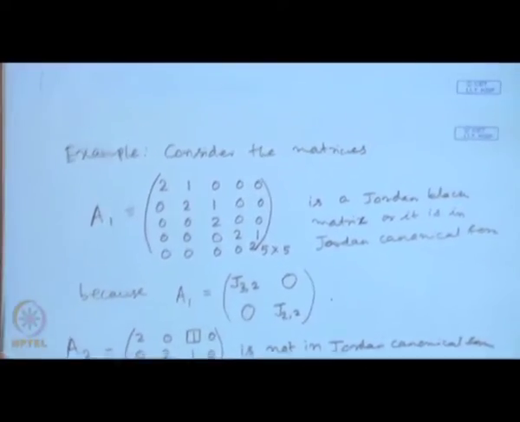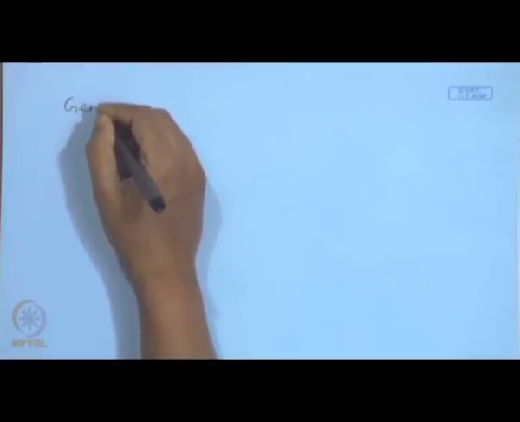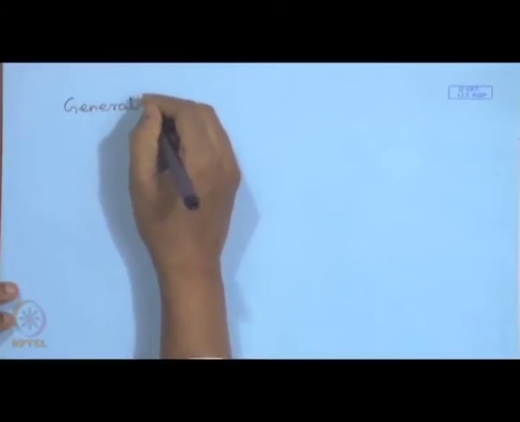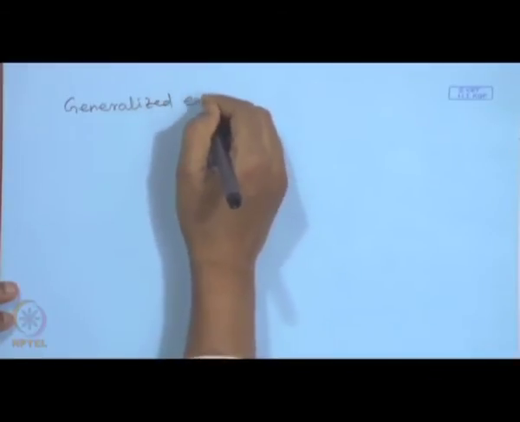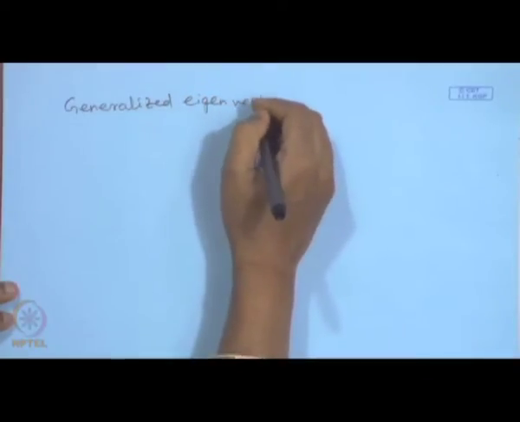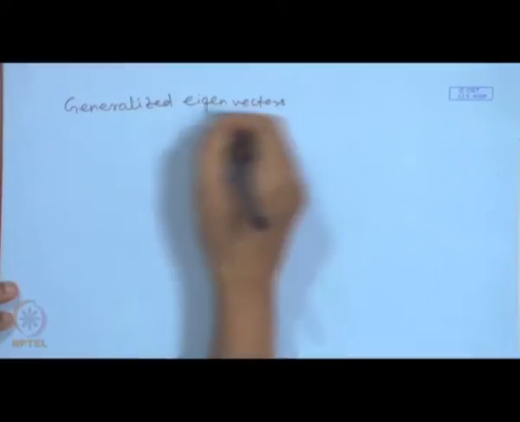So, here we shall discuss how to find the Jordan canonical form of every square matrix, and for that we shall define another terminology called generalized eigenvector. So, here we define generalized eigenvectors of square matrices.